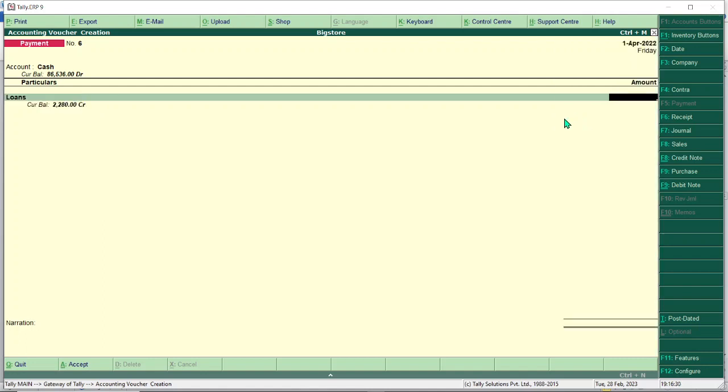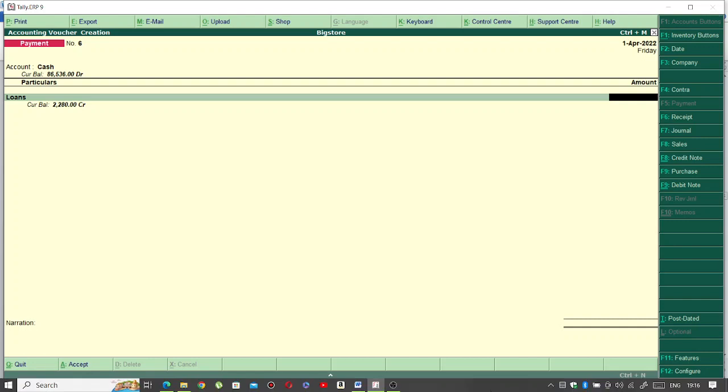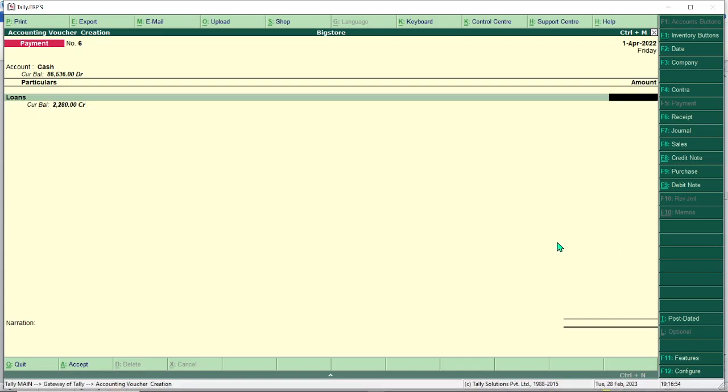So you can see that here loan was 2000 rupees, and interest is 280 rupees, so 2280 rupees I have selected.